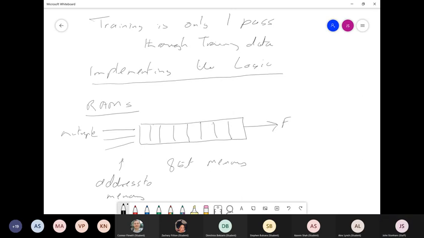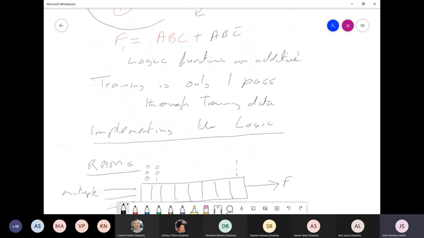And the address, I'll write the addresses above it, 0, 0, 0, 0, 0, 1 through to 1, 1, 1. It is 8 bits of memory. It is always 8 bits of memory. It doesn't increase or decrease. Now, to put this function into this memory.